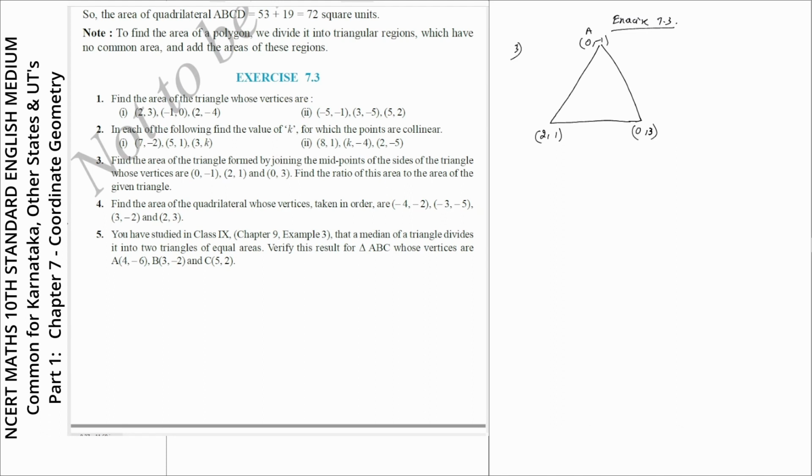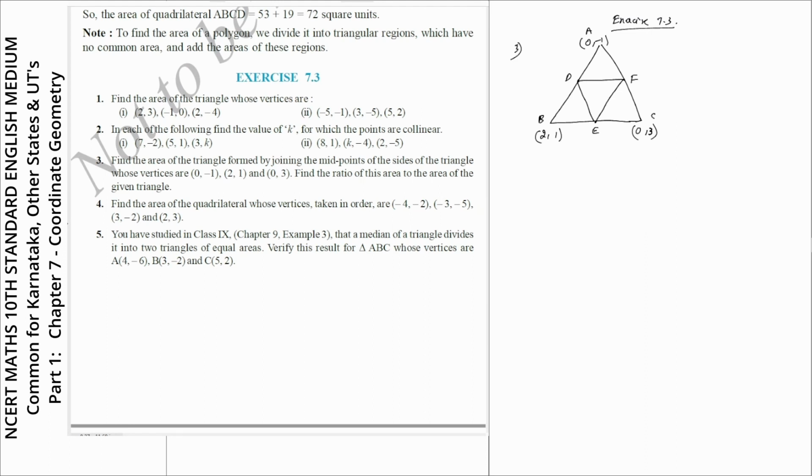A is 0, minus 1, B is 2, 1 and C is 0, 3. Now let the midpoint of AB be D, and let the midpoint of BC be E, and let the midpoint of AC be F. Now if I join the midpoints, I'll get another triangle.